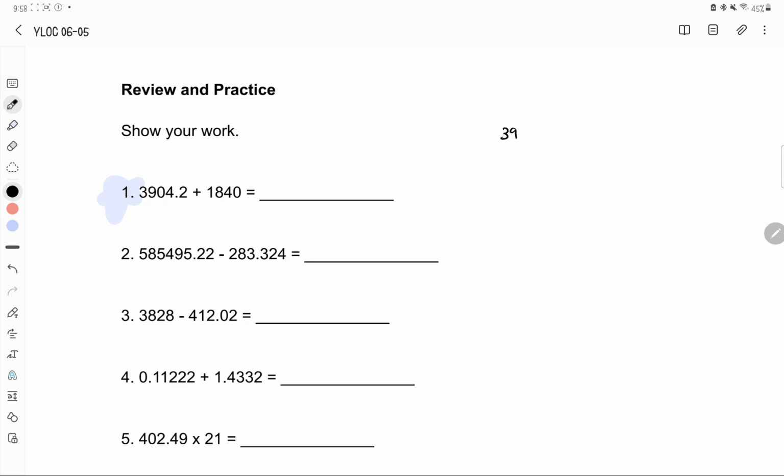So 3904.2 plus, where do you have to put 1840? It's actually 1840.1, right? Because the decimal point lies here, but you just don't put a decimal point infinitely.